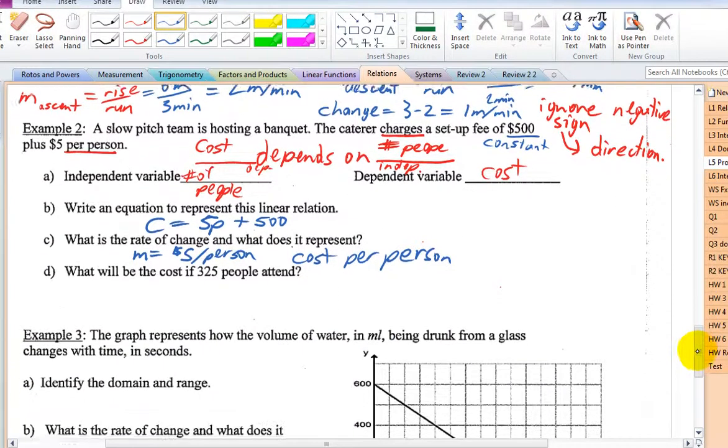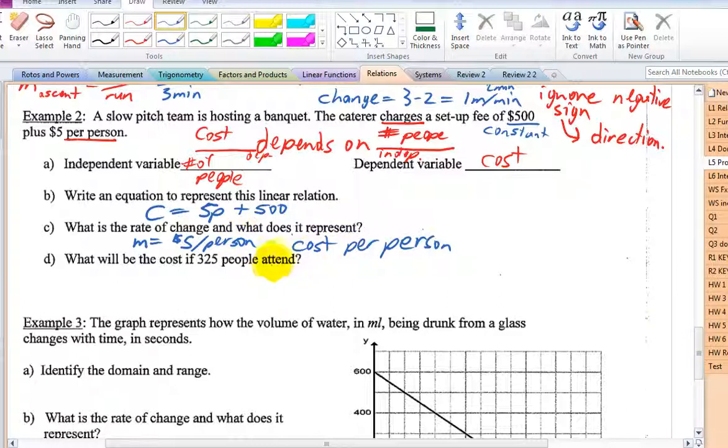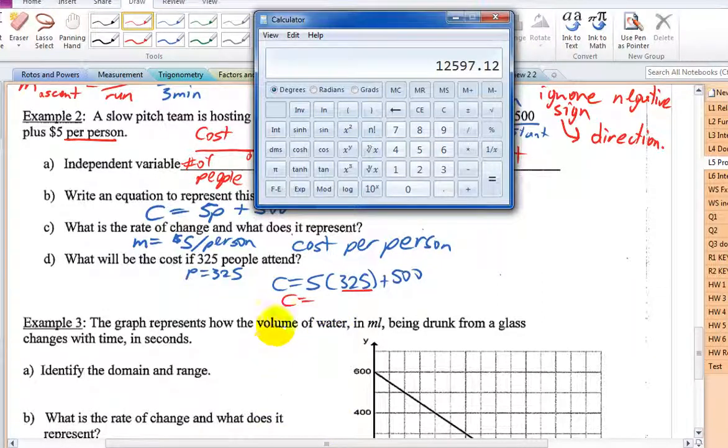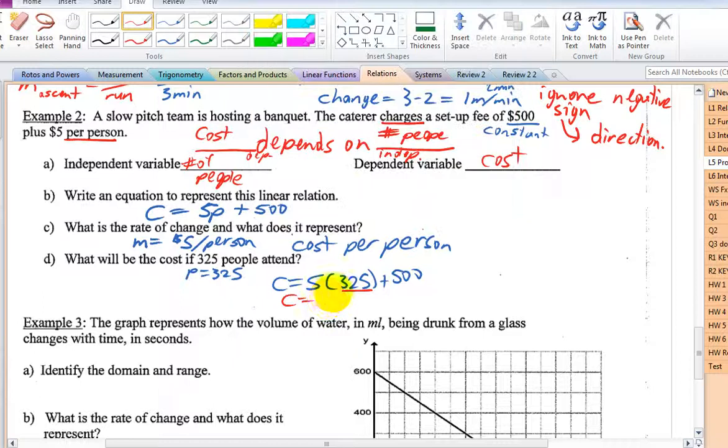D. What will be the cost if 325 people attend? So P equals 325. Put that into your formula. So you substitute in the value for P, and you do your math. 5 times 325 is 1625, plus 500 equals 2125.